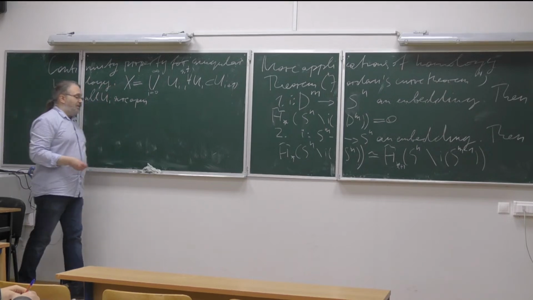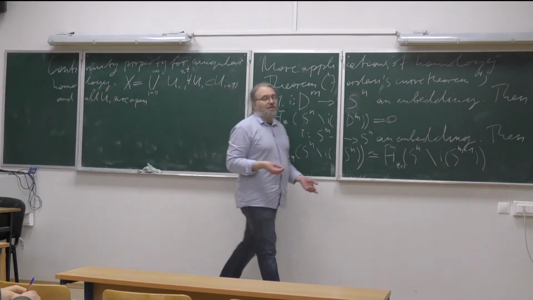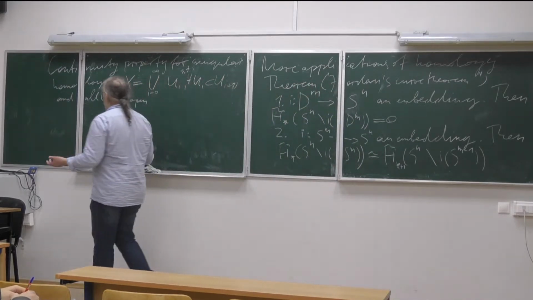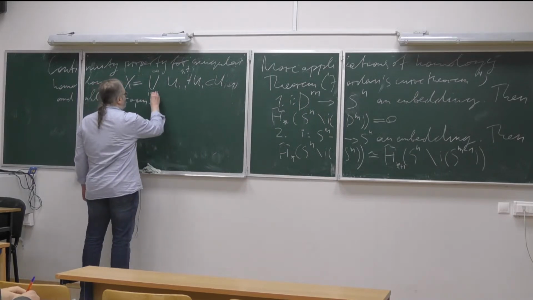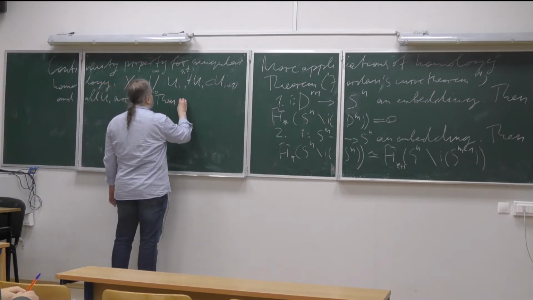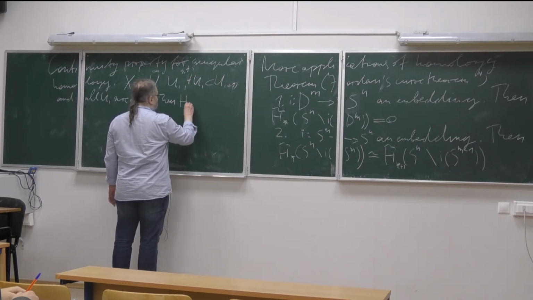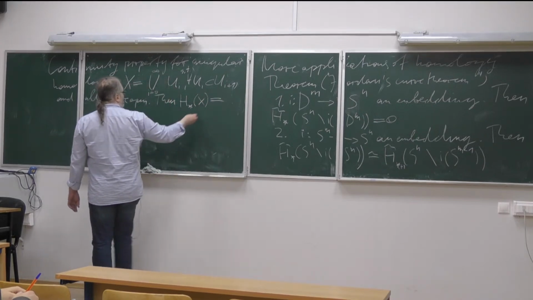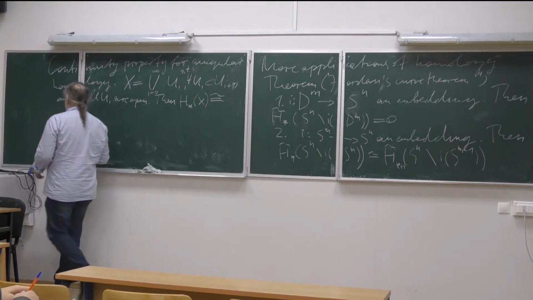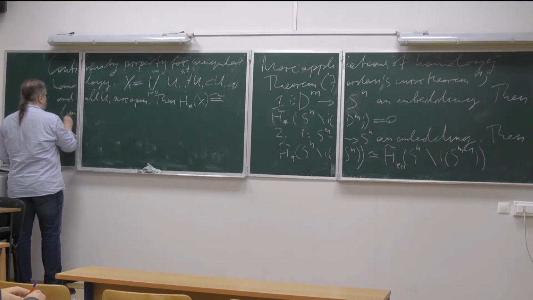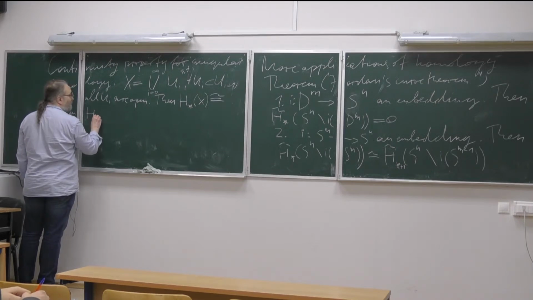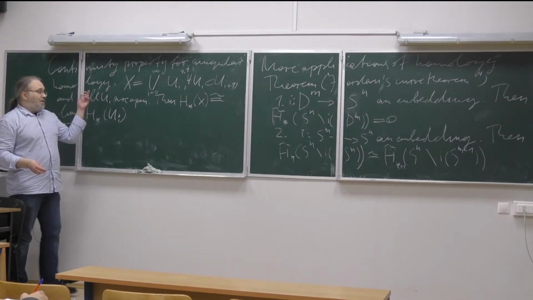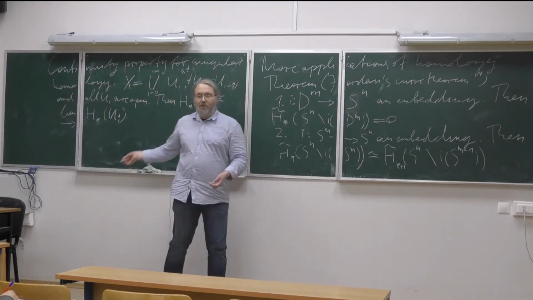Well, suppose I have X, a space which is the union of an increasing sequence of open subsets. Then the homology of X is isomorphic to the direct limit of the homology of the U_i's.